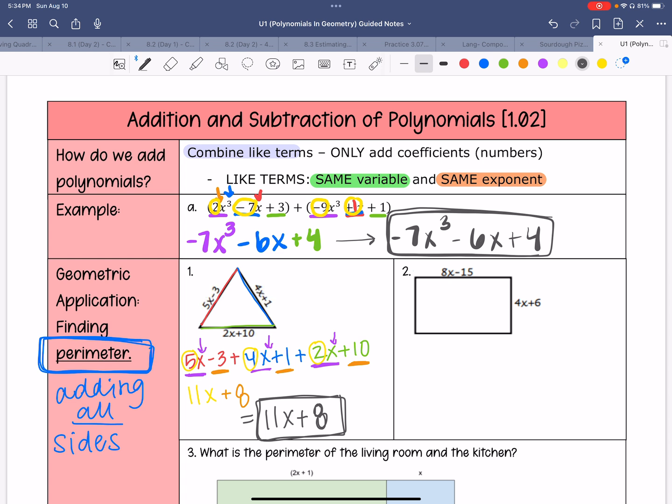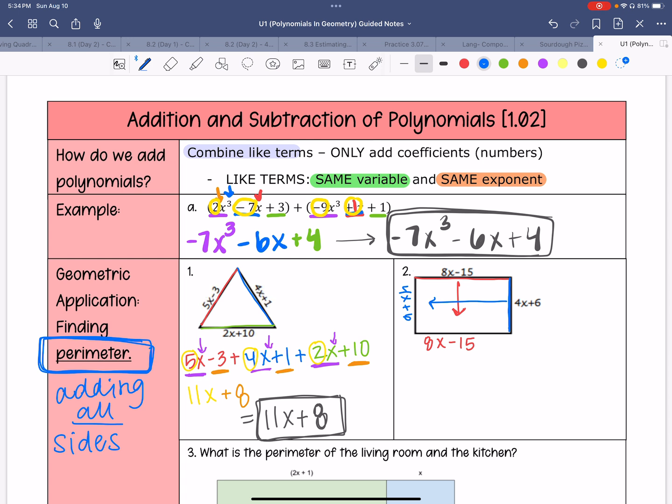All right, for our second application problem, notice that it seems like we are only given two sides of this rectangle. However, we know that characteristics of a rectangle are that opposite sides are the same. So this side is also going to be 8x minus 15, and this side is also going to be 4x plus 6.